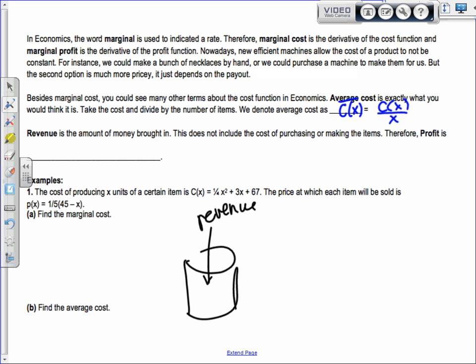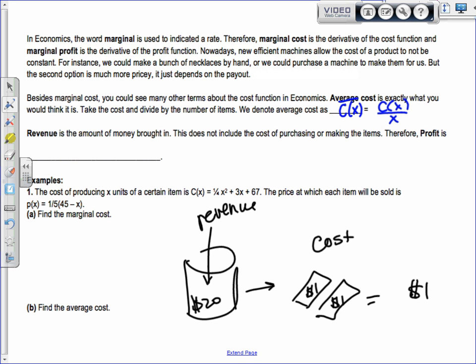Let's say she spent a whopping $2 on your lemonade. So you have like 20 bucks in here, and then you owe her $2. That's cost. How much money did you make for the lemonade stand? $18. That's your profit.